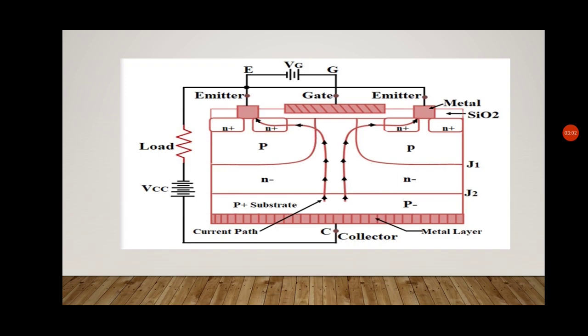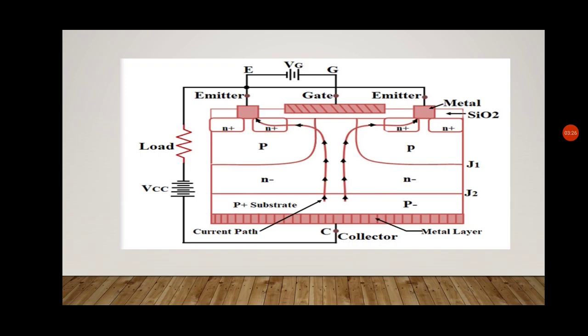High current and high voltage bipolars are available, but their switching speeds are low, while power MOSFETs may have higher switching speeds, but high voltage and high current devices are expensive and hard to achieve. So we move to IGBT, which combines both the characteristics of MOSFET as well as BJT.